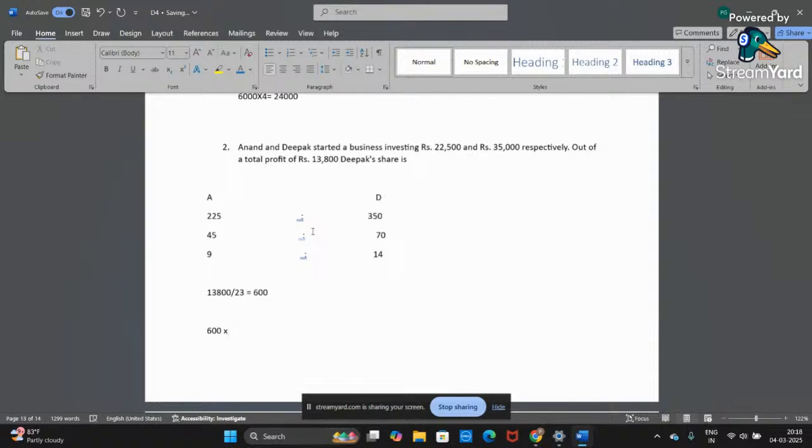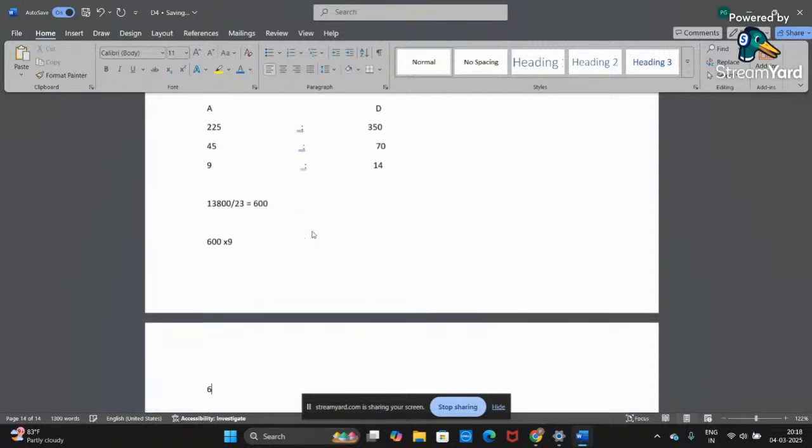What is Anand's ratio here? 9. So 600 into 9 is 5,400. And to find Deepak's share, we have to multiply with his ratio, 14, so it is how much? 8,400.